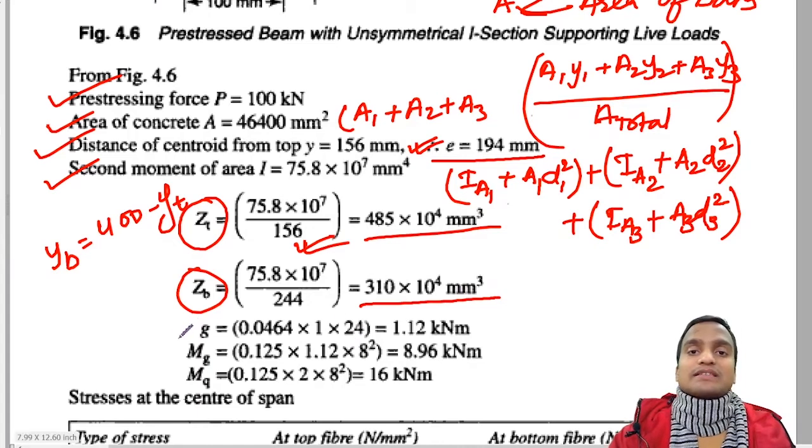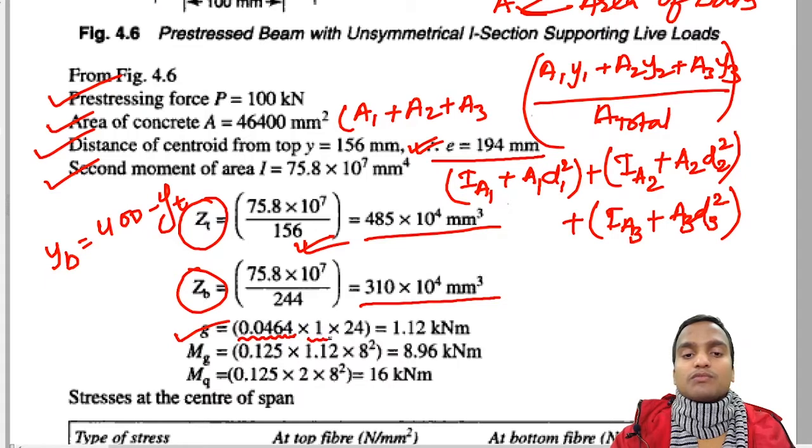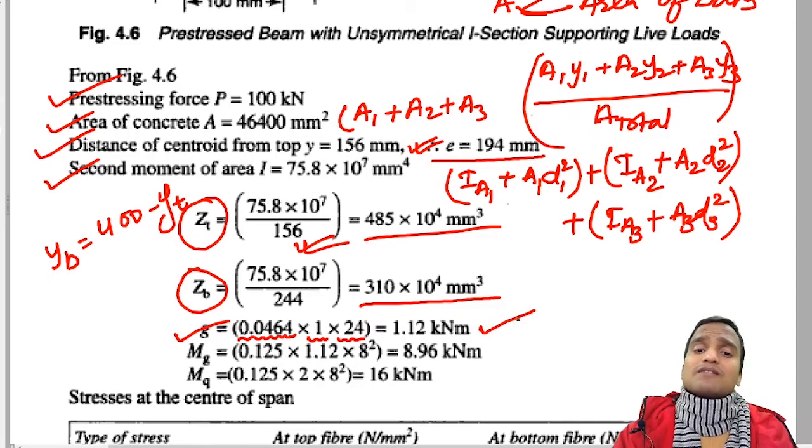Now if we calculate the self weight per unit length, we have taken 1 meter length. This is the total area of the cross section multiplied by 1 meter length into 24 kilonewton per meter cube, the density of the concrete, and this is the self weight distributed all over the length.